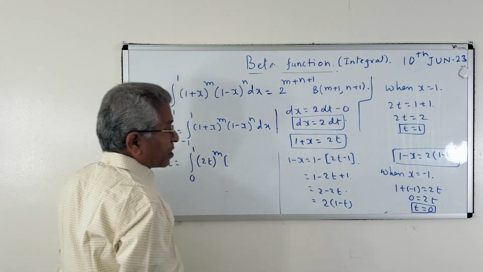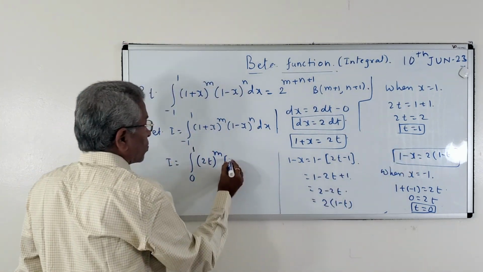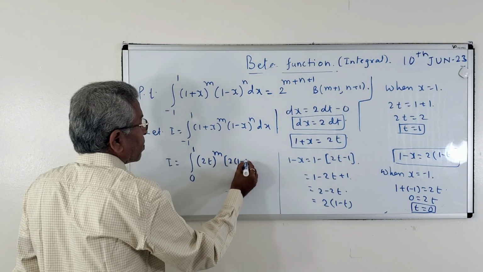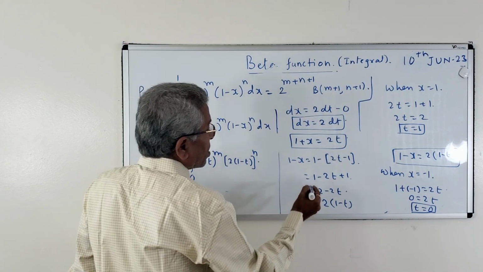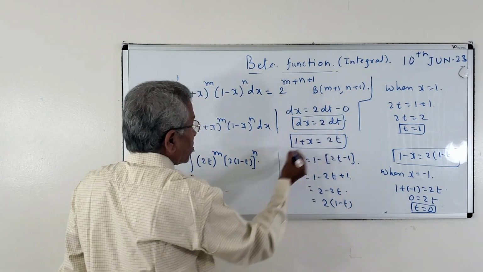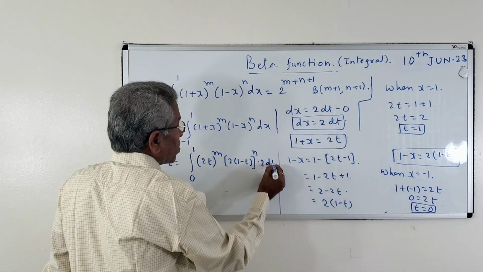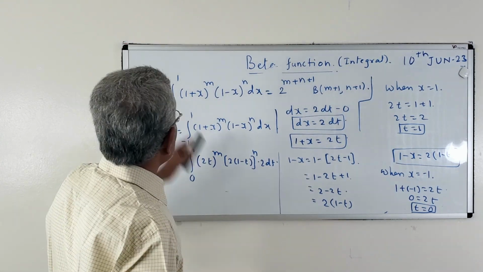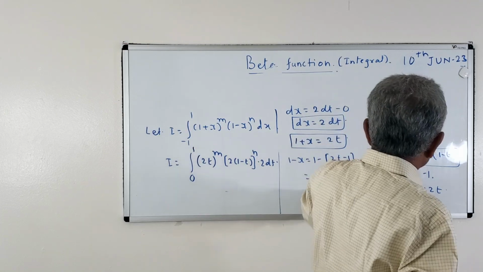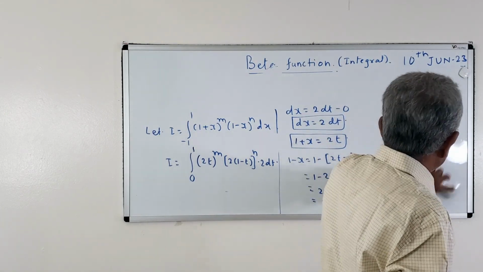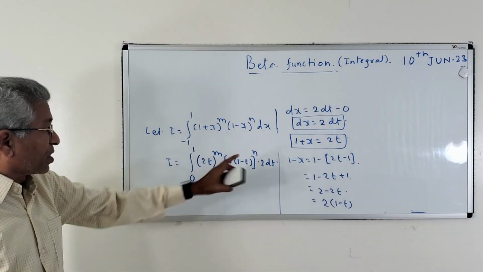The value of 1 minus x: 1 minus x is 2 into 1 minus t, power is n. And dx is 2 dt. That is the value of dx. So that is the integral in terms of the new variable t.